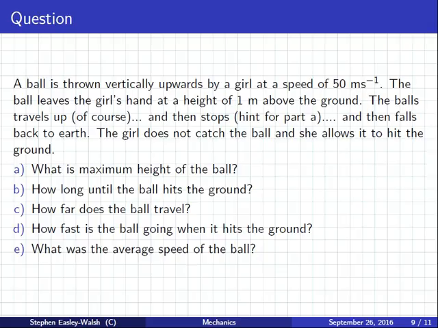Part A? What's that mean? Finished, not finished? No.